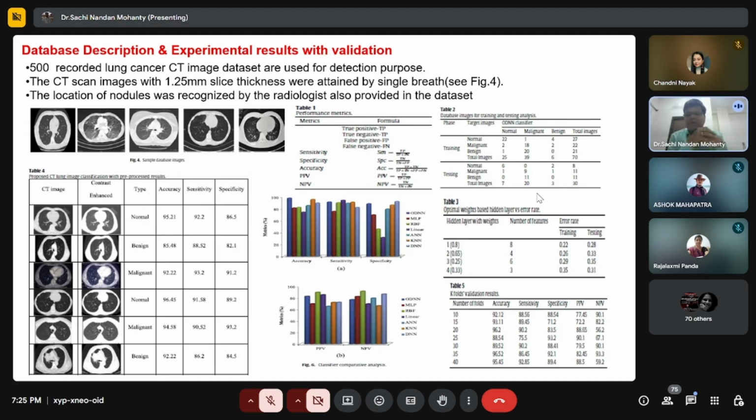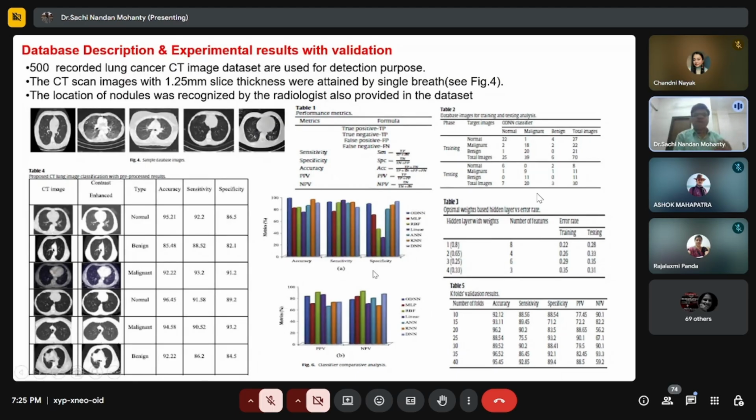We get the result at k value 35; the accuracy is a little bit higher than other k values. See, at k value 40, accuracy is 95.45, whereas at k value 35, it is 96.52. So these are the different existing models.